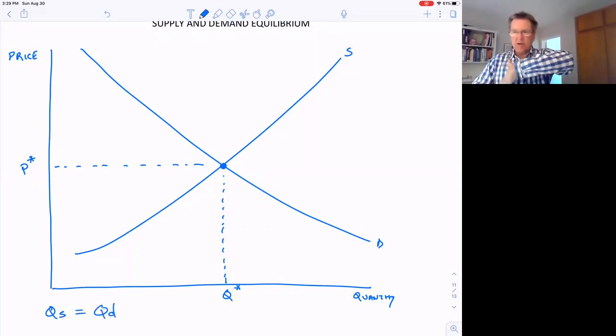Remember, demand is an equation going down. Supply is an equation of a curve sloped up. They're not the same. They're never going to be. But there is a point that they each have in common, a quantity that they have in common. Right there where they cross, their quantities are the same.